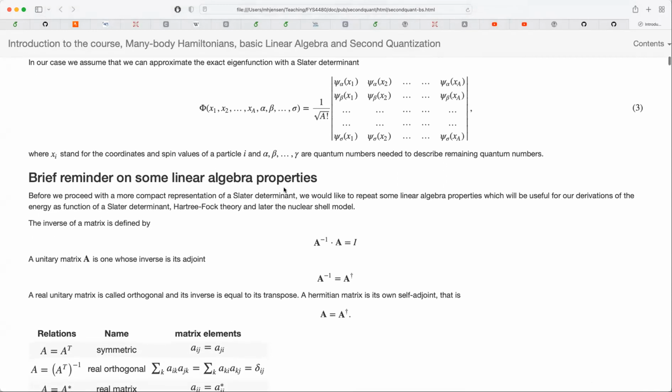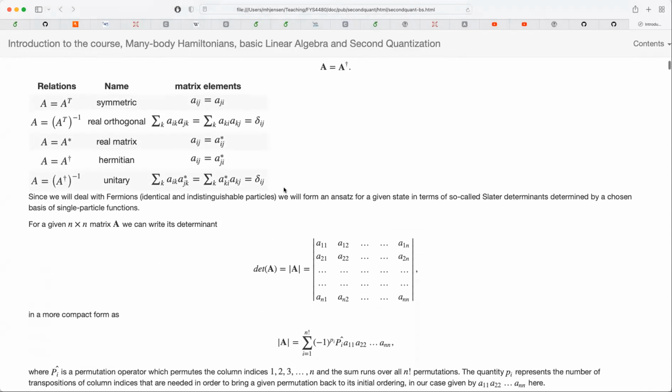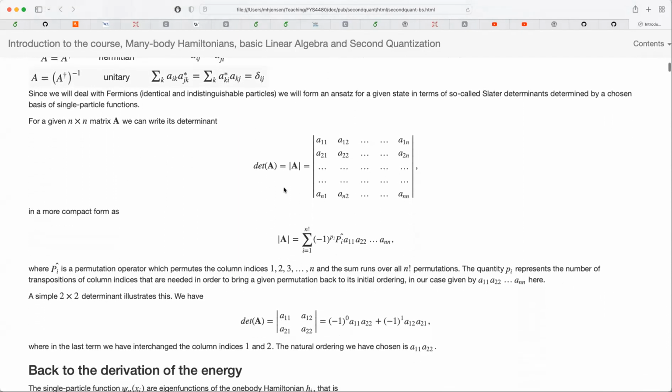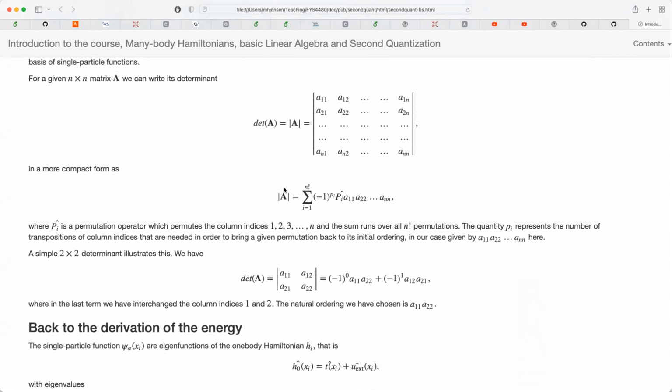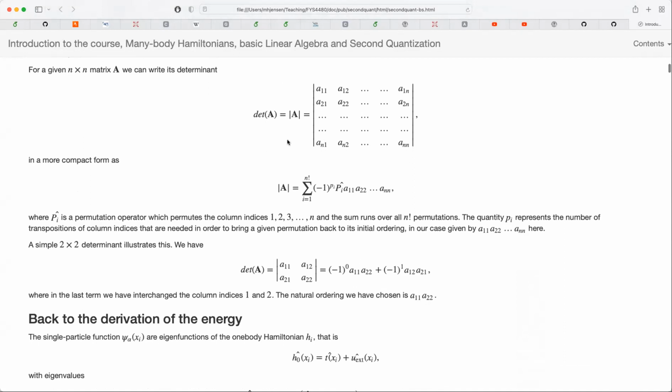Now, let me just remind you of some properties of determinants which will be useful for the things we are going to do now. So if you look at a determinant, that's just a general definition, which you see here. You can actually rewrite that one. So this is a matrix, and I write it det. And the kind of notation you will often see is that you have these vertical bars.